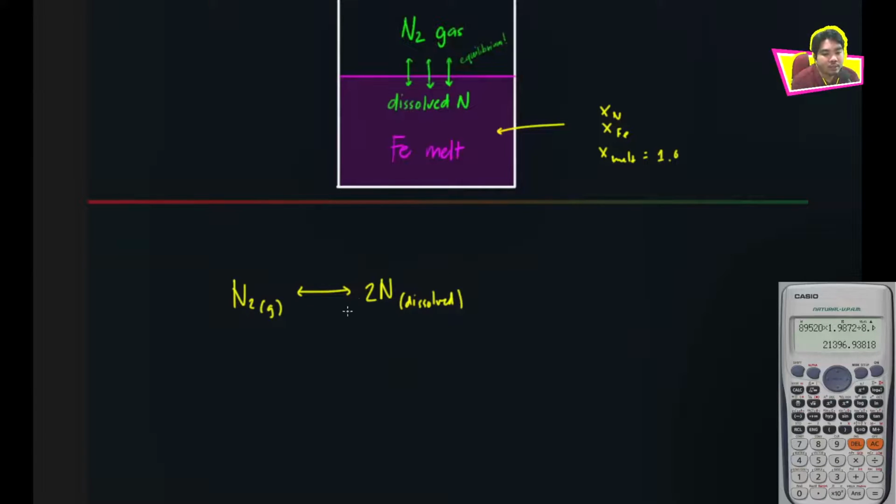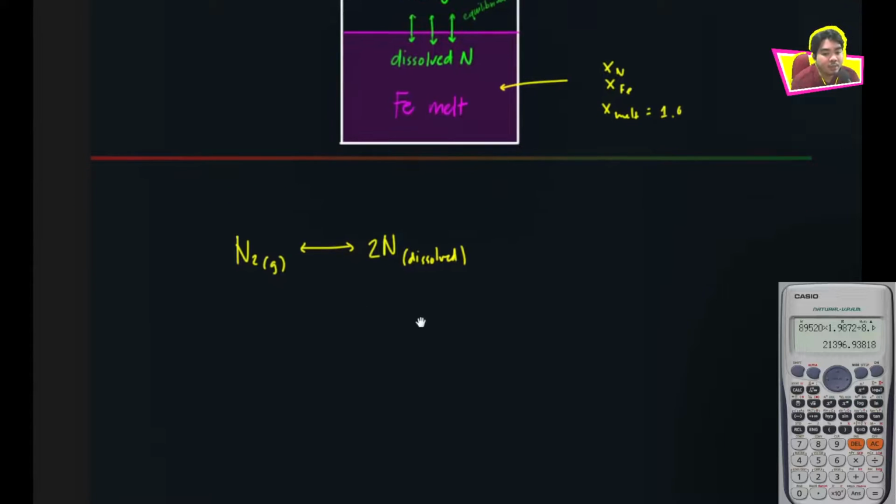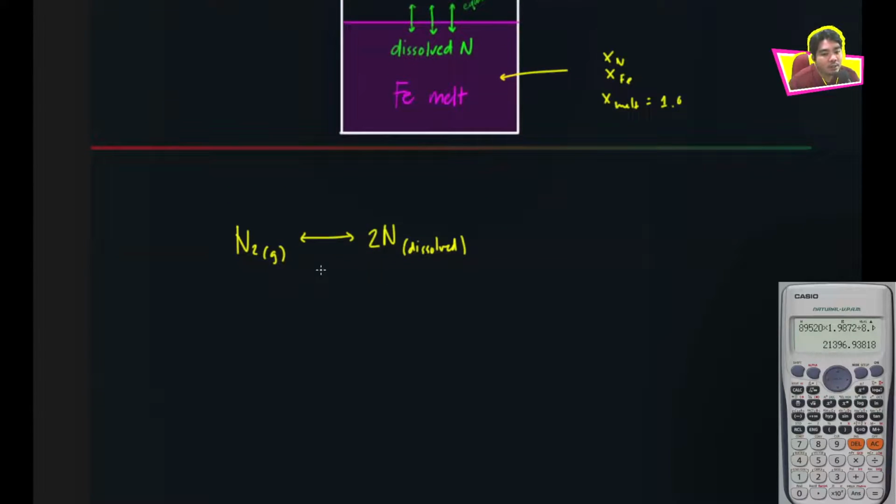So we are saying na, and this is 2N because this is a diatomic gas. N2 is diatomic, pero once that it dissolves into the Fe, it exists as N atoms na siya floating around or dissolved inside the host Fe. Okay? So N2 produces 2N.